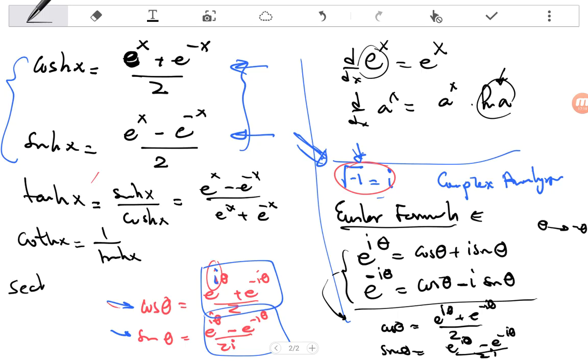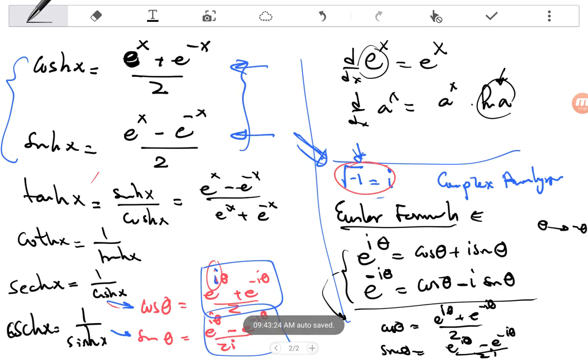We will have also sech x. It is just 1 over cosine x, or the reciprocal of cosine x. What about cosech x? It is just 1 over sine x.